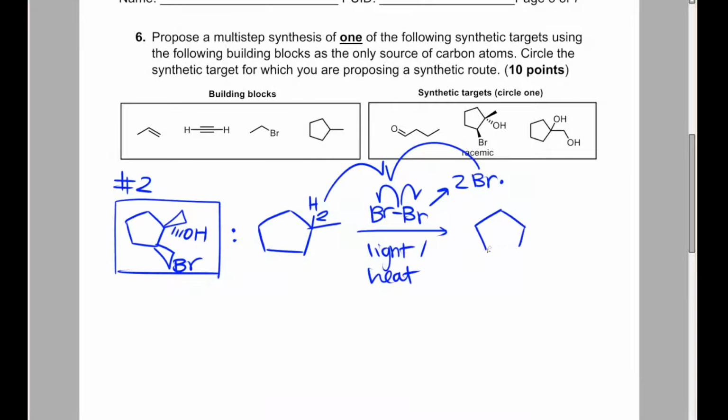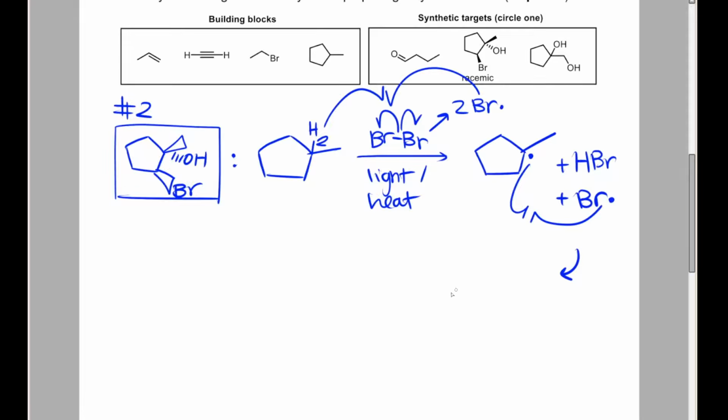So we're going to get an intermediate that looks like this, and we'll have HBr and another Br radical as a side product. And now we can just react these together to form the Markovnikov product of this reaction.